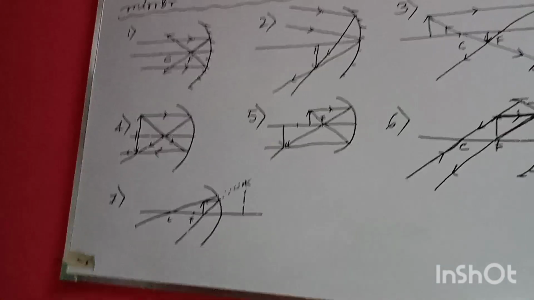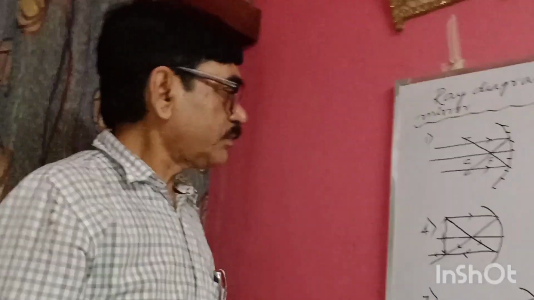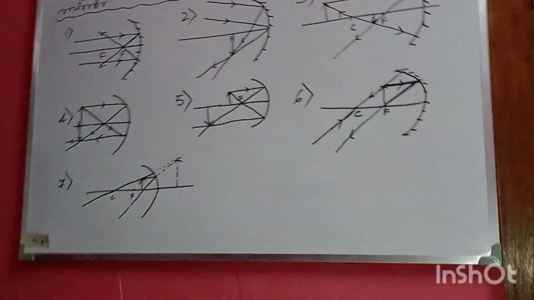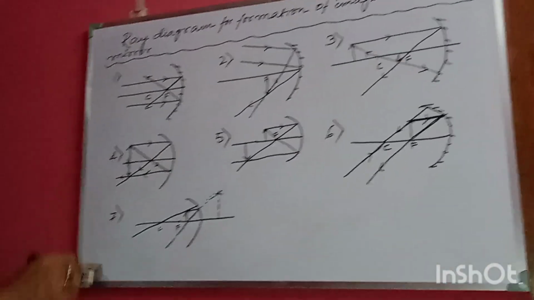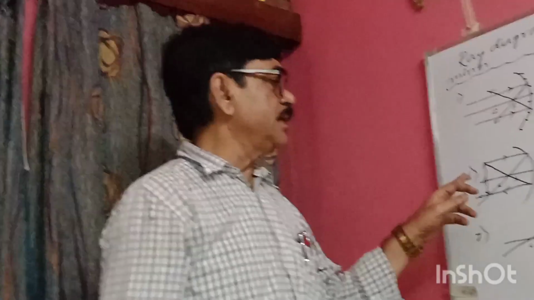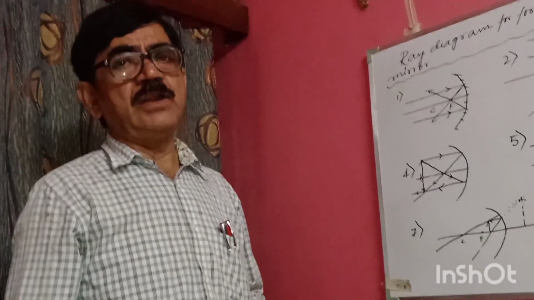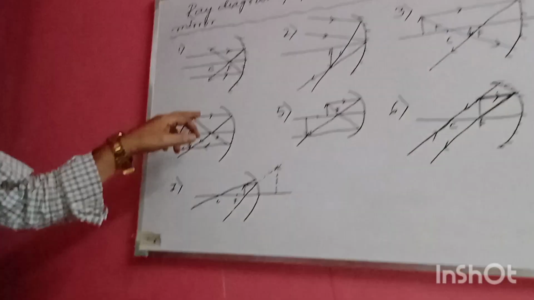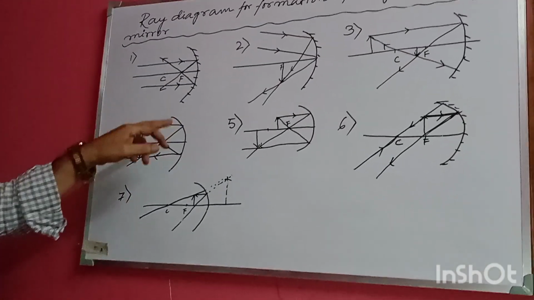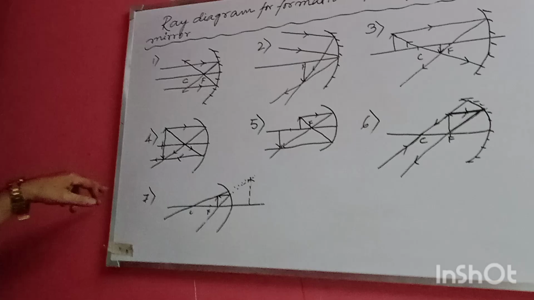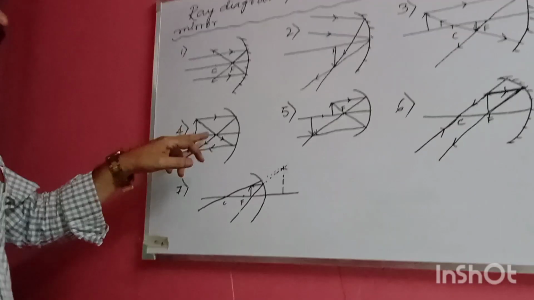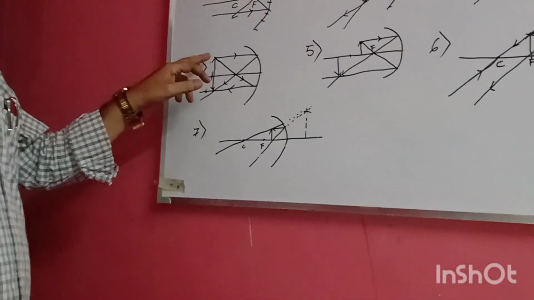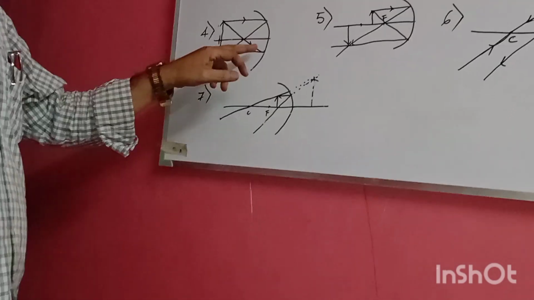Now we are coming to the fourth diagram. In that case, the object is at C. At C means it is on the center of curvature. In the same way, we take a parallel ray which moves through the focus, and another ray which moves through the focus.